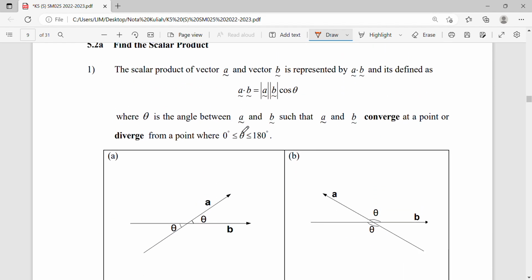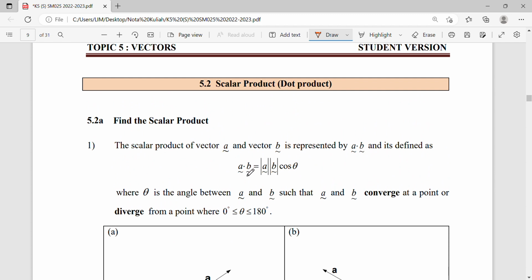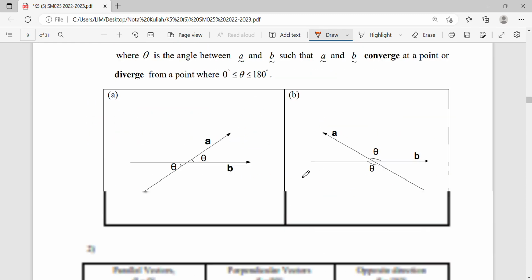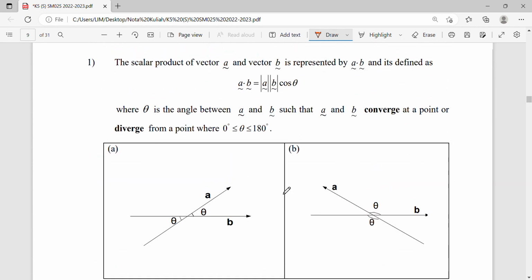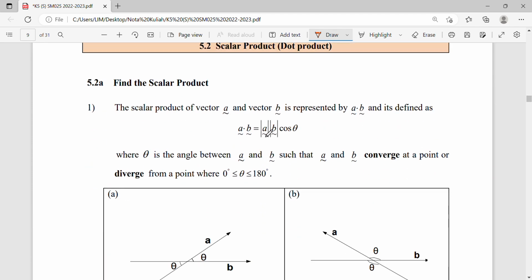When we're doing the dot product, you are actually finding the angle between two vectors. Indirectly, the value that you found just now relates to the angle between two vectors. The value that you found just now, 5, represents magnitude A, magnitude B, cos theta.